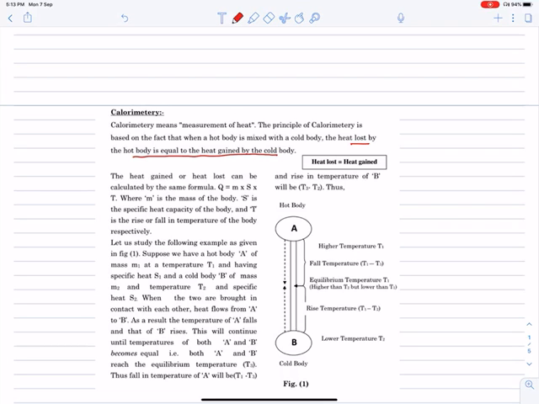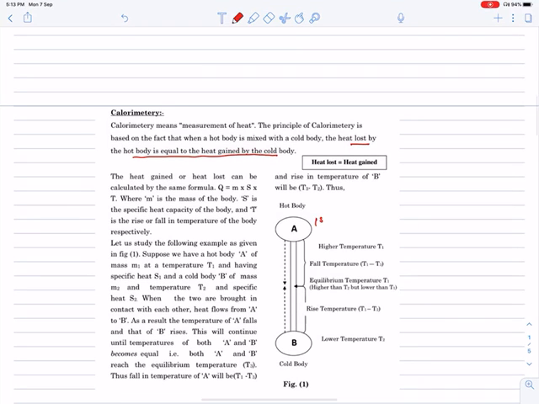Let me define that this is the first body and this is the second. The first is at higher temperature, let it be T1. The second is at low temperature, let it be T2.